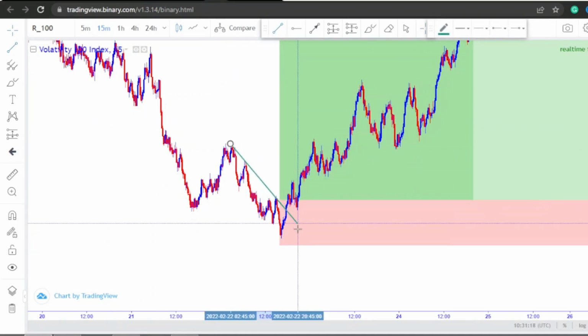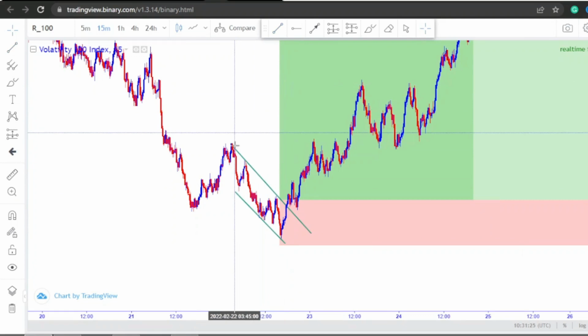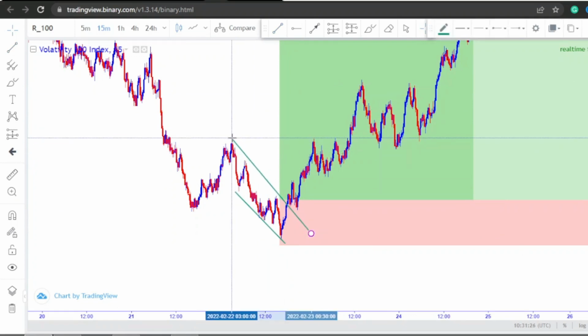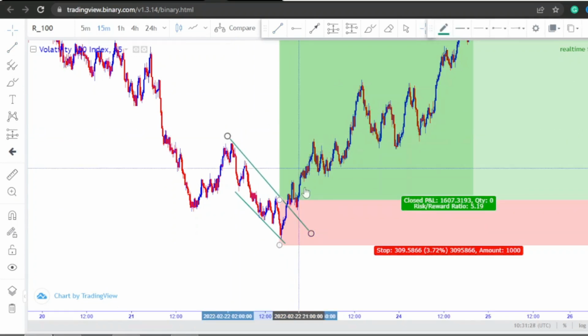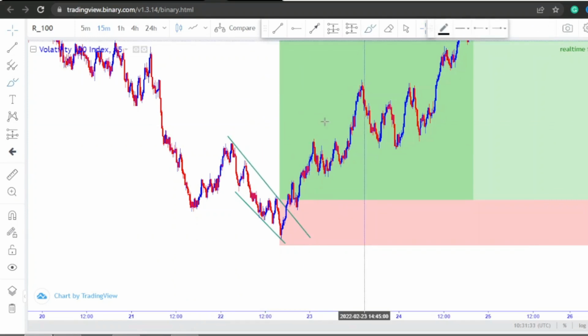There was this pattern that formed here, and to me it was an indication that this was a reversal. So this was a reversal sign for me, and I was looking for buys because of this pattern that formed here. I saw it was forming lower lows and lower highs.